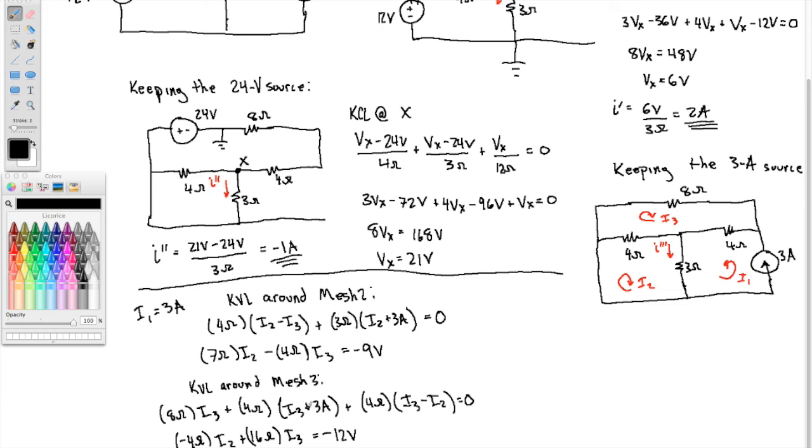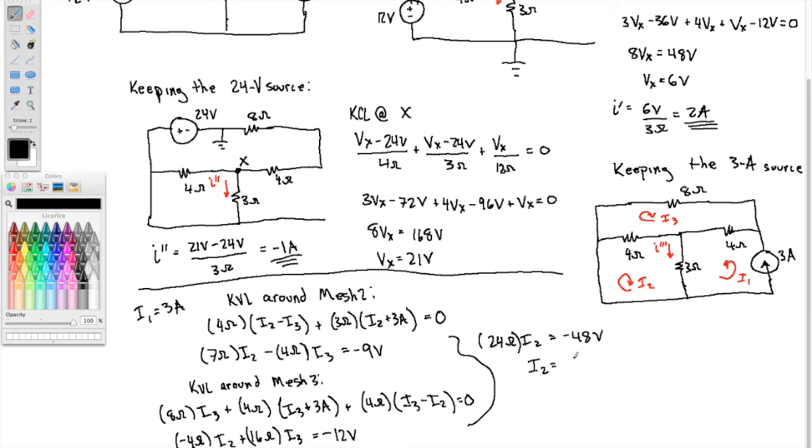Okay, so I need to solve this system. Notice if I multiply this equation by 4 and add it to this equation, I3 drops out. So let me do that. 4 times 7 is 28, minus 4, so I've got 24 ohms I2 equals, negative 36 minus 12, minus 48 volts.